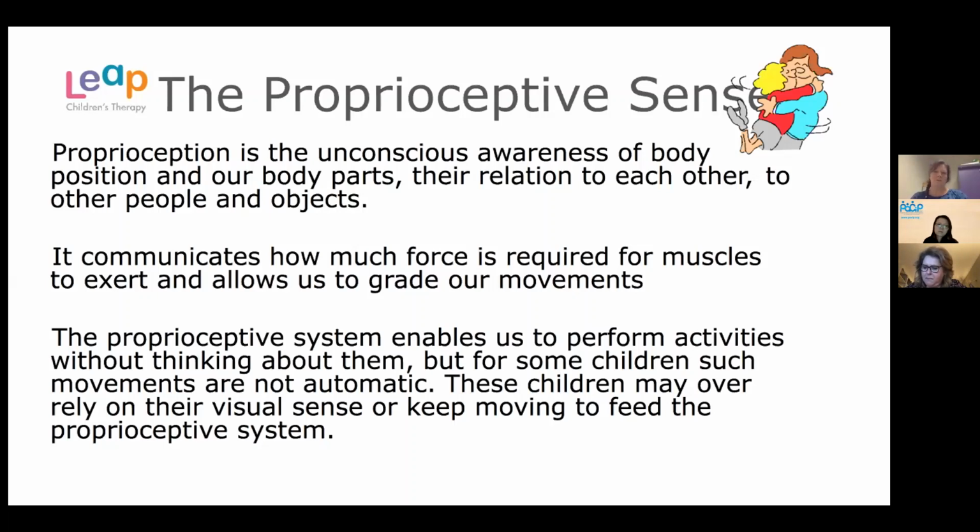It also tells you how much force is required. And generally, it's harder and requires more control to be gentle than it does to be rough. So lots of our children who are a bit heavy-handed, bull in a china shop, those kinds of sayings that people use, that's often related to that proprioceptive sense. And it's called your grading of movement.